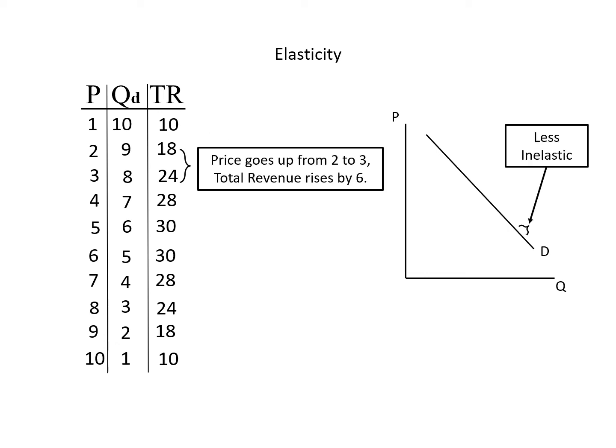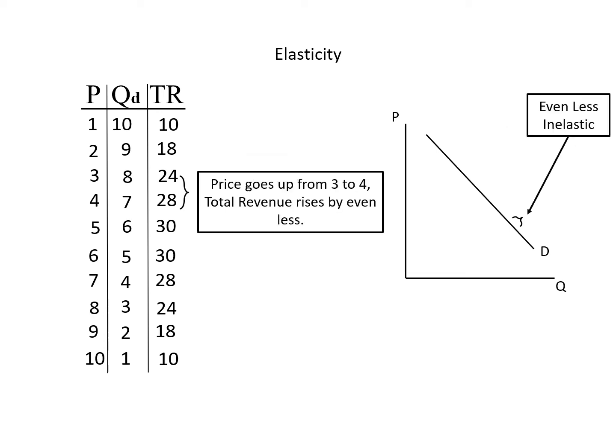When price goes up from 2 to 3, total revenue goes up by a little bit less. This indicates that the relationship is still very inelastic, but not quite so much. As price goes up from 3 to 4, total revenue rises by even less, suggesting that while the demand is still inelastic, it is less inelastic or becoming more elastic.